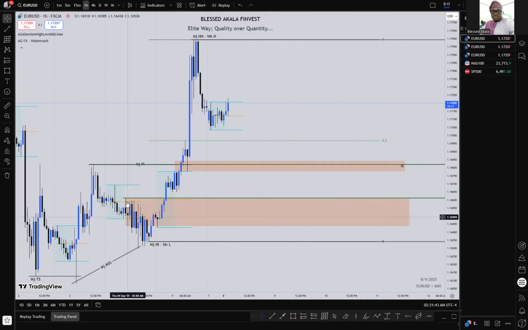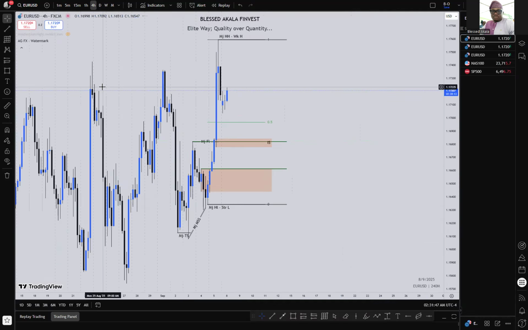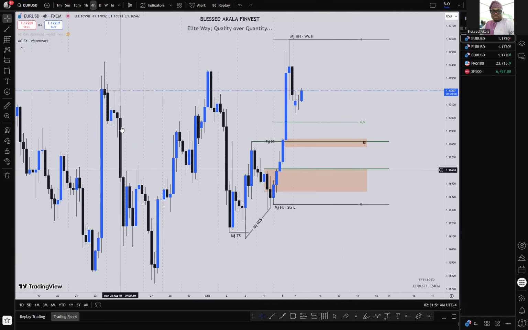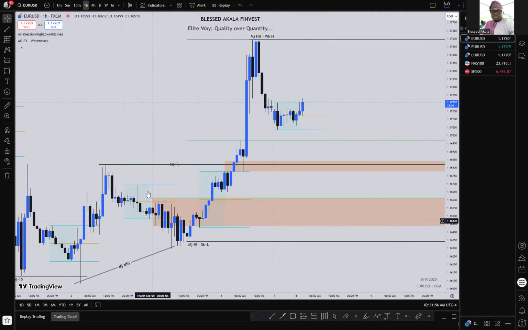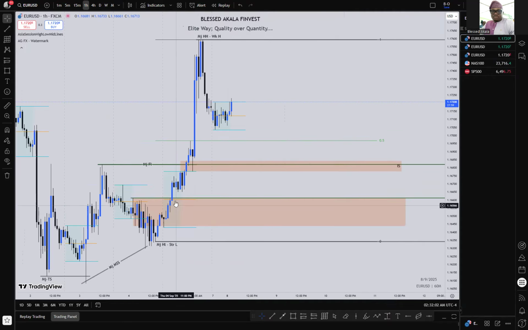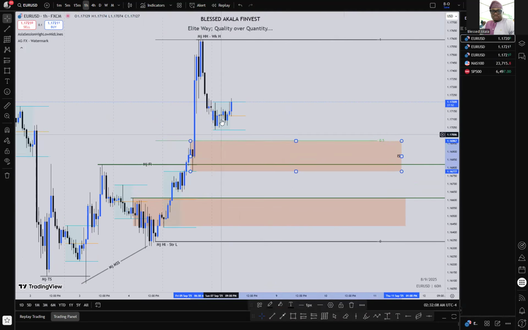On 4 hour these are not closed candles, but on 1 hour, it's a kind of candle that creates an internal structure within itself, within that level. This 1 hour candle aligns perfectly with the 50%.